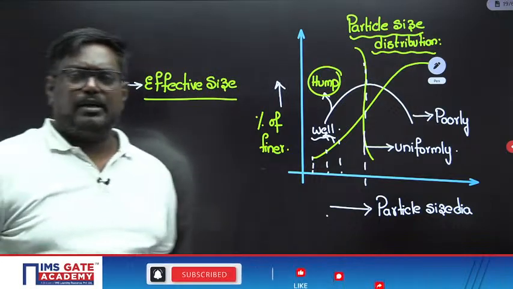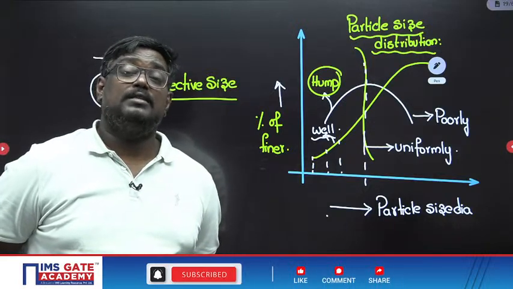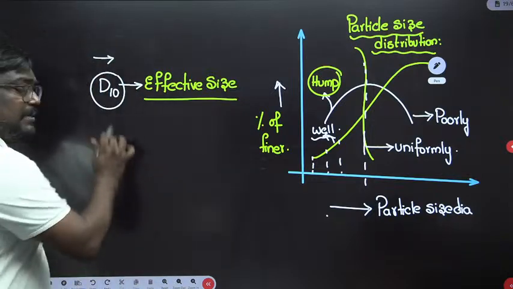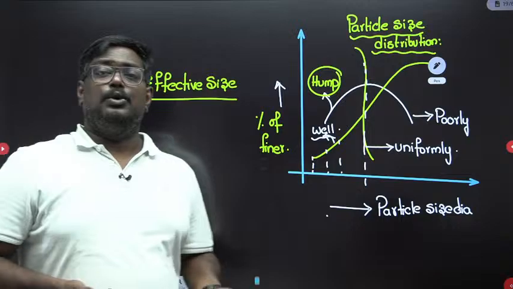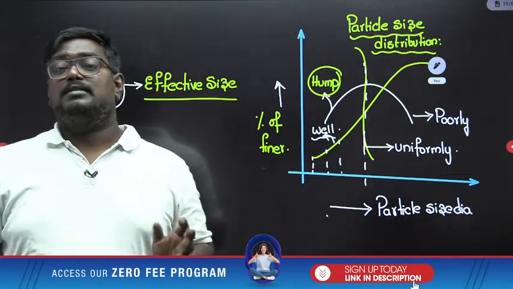What do you mean by effective size? It is the size of the sieve where 10% of the soil particles are passing.